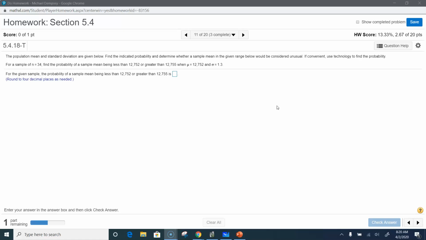So remember, something unusual would be beyond 2 standard deviations above to 2 standard deviations below. So for a sample of n equals 34, find the probability of the sample mean being less than 12,752 or greater than 12,755. And then they give us our mean and standard deviation.